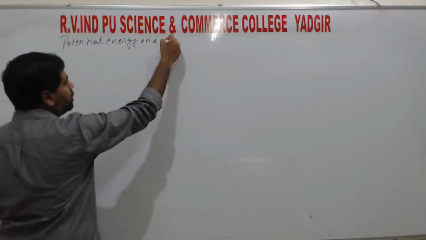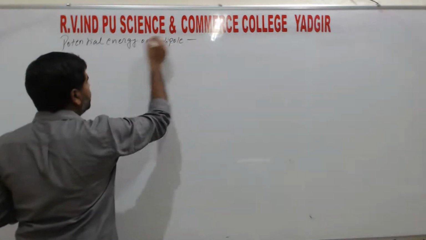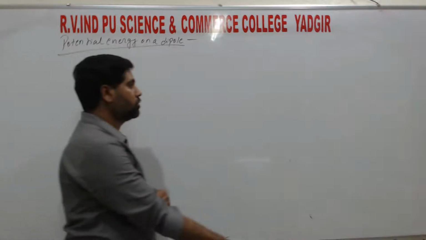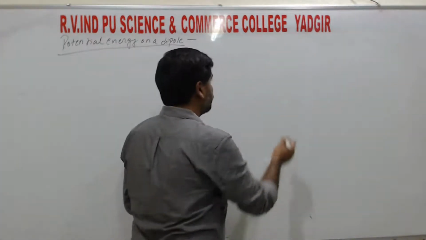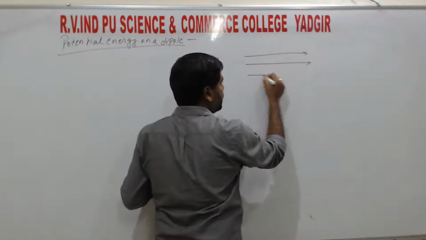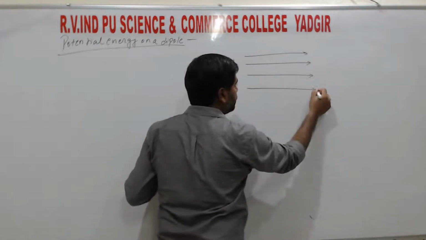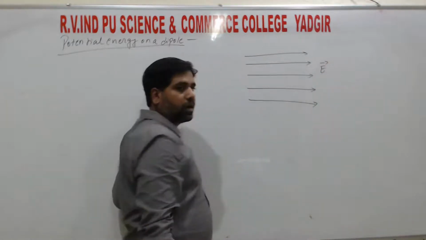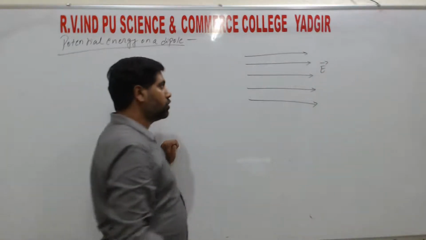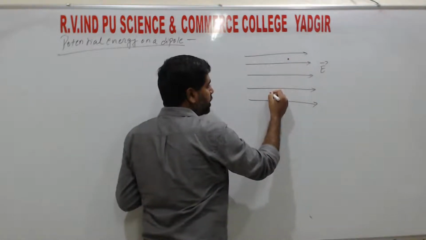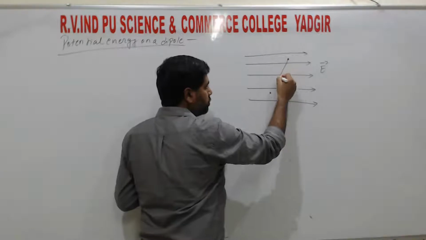Potential energy of a dipole, right? So again, what is a dipole? We have an external electric field, calling this E, right? So consider a dipole. A dipole means two equal and opposite charges separated by a small distance, right?